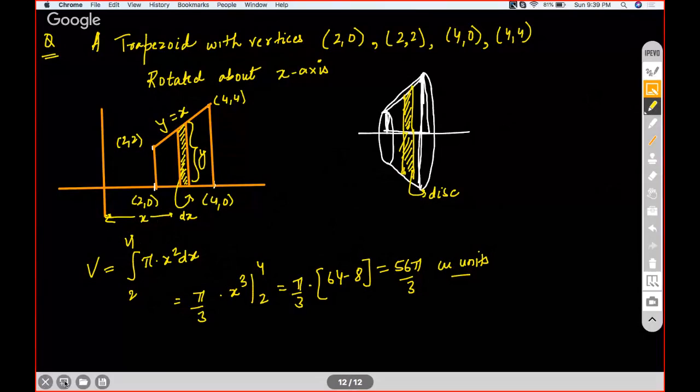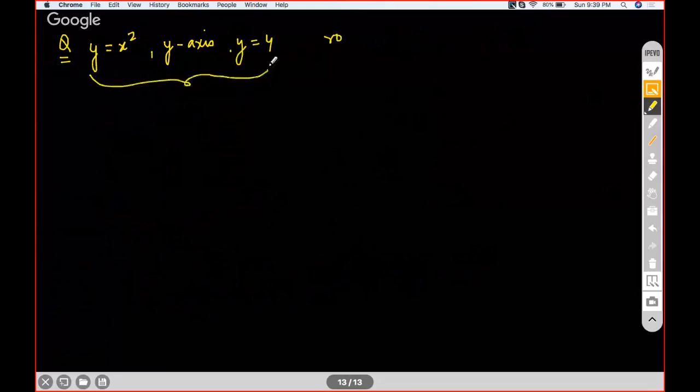Again, I'll go back to the same curve, y is equal to x square, the y-axis, and y equal to 4 line. So this is the region bounded between these 3 lines, and this is rotated about y-axis.